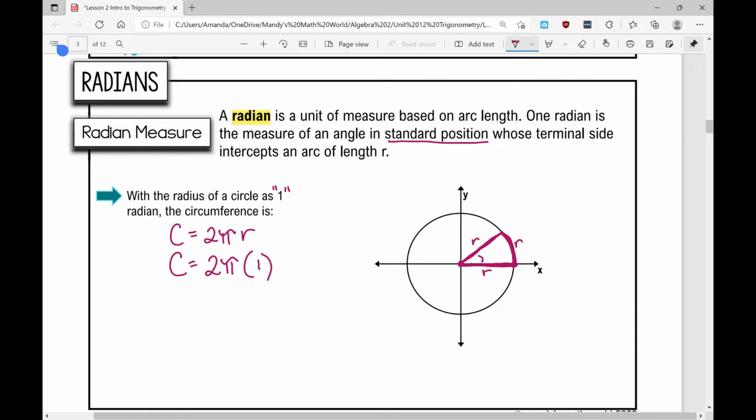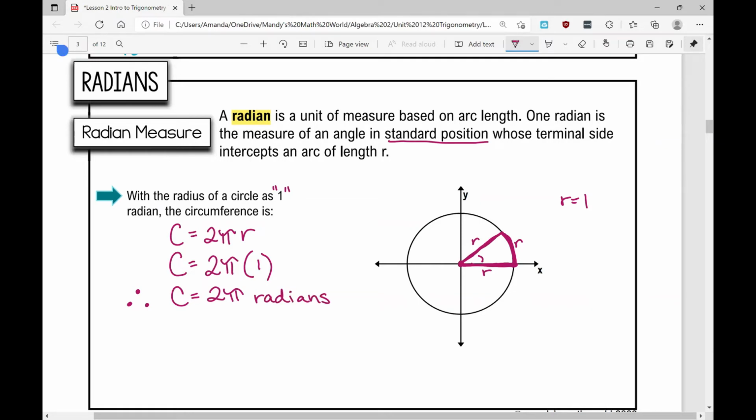I'm just evaluating when r is 1. What's the circumference when r is 1? In this case, the circumference of a circle is 2 pi, because 2 pi times 1 is just 2 pi, and that's 2 pi radians.